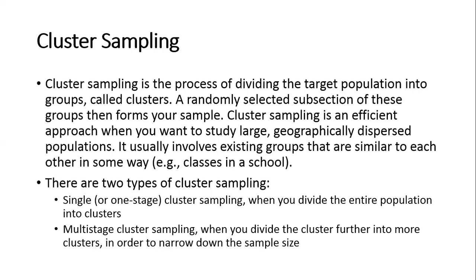Let's say, for instance, you want to carry out some investigation across Nigeria. You can decide to break the Nigerian population into geographical zones, just like south-south, southwest, north, and all that, right?